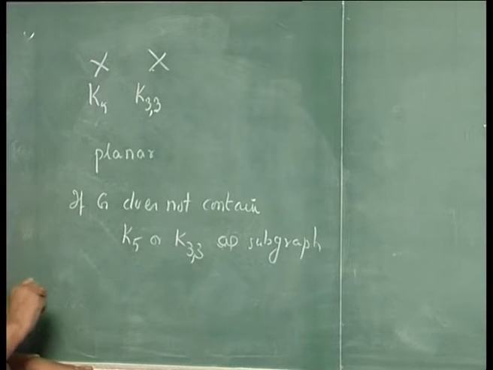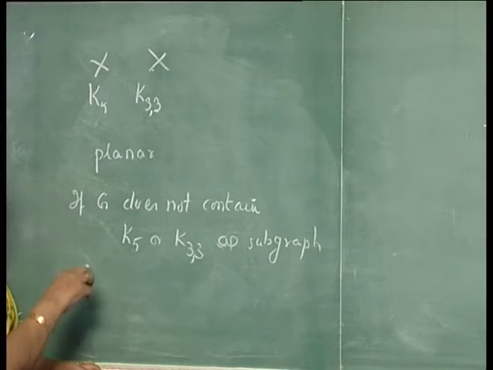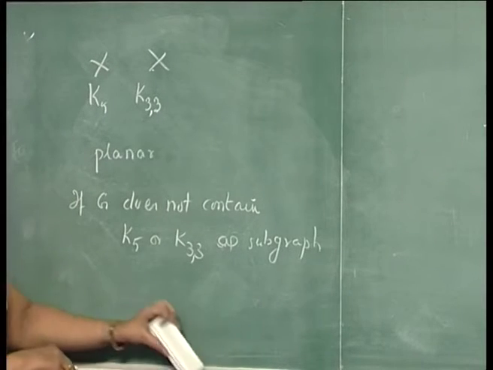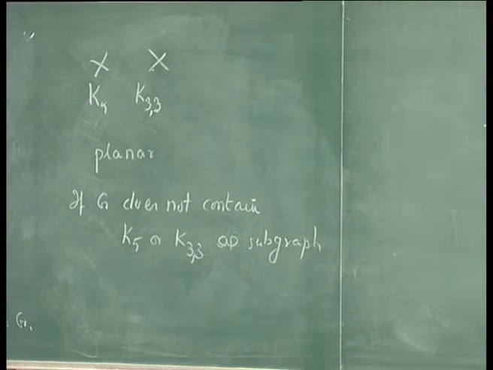This is both a necessary and sufficient condition. We will not go into the details of it. Let us take the result as it is. So, you can find out whether a graph is planar or not.